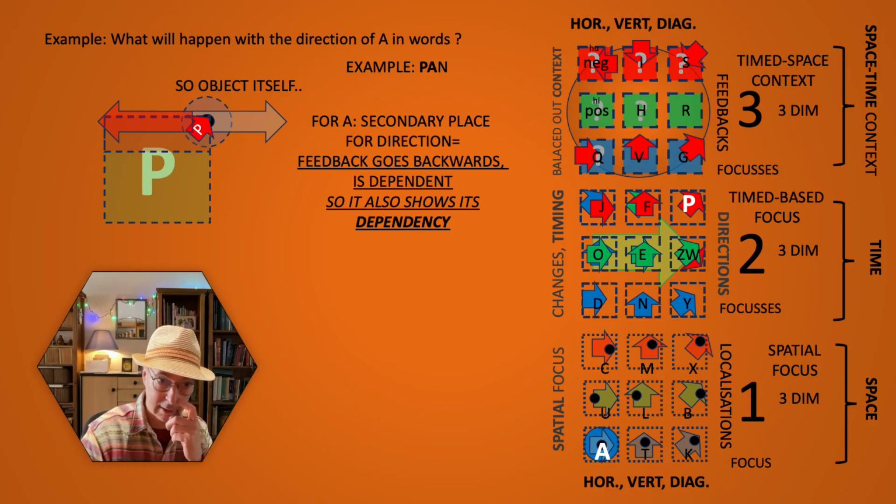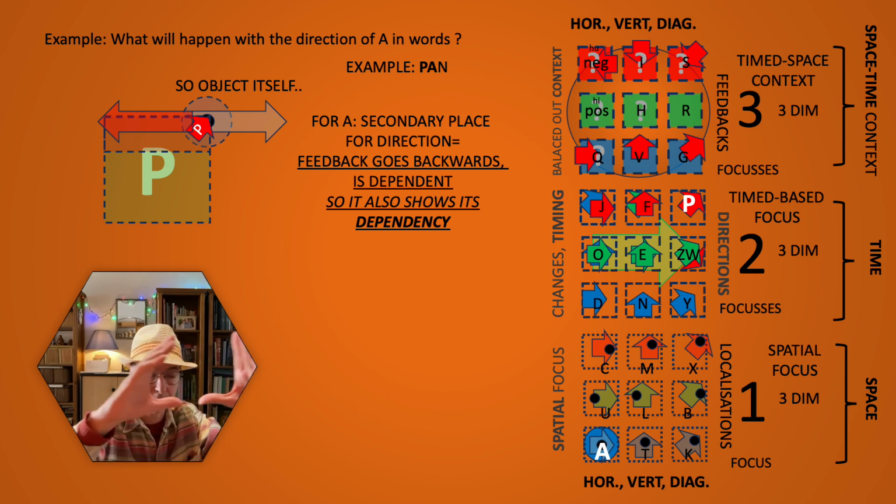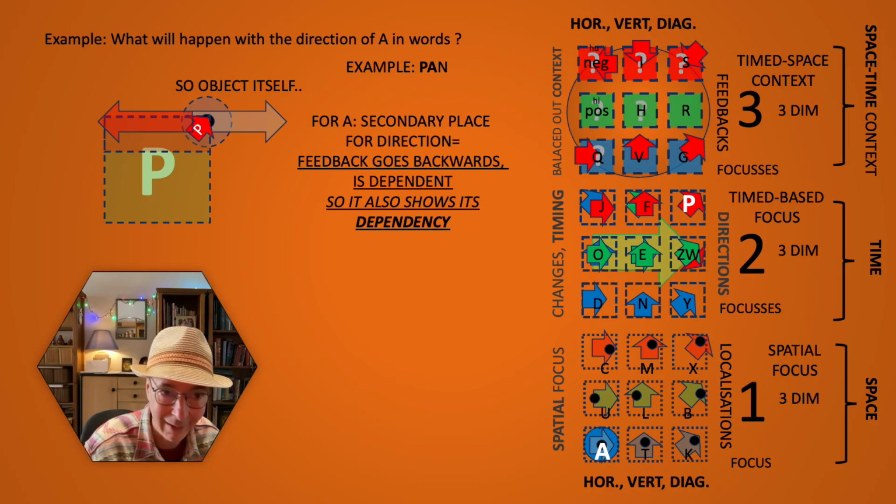So that is something that will show itself, that there is a tendency that you can have the A on its own, but the more important, and leading, will be the feedback process in the other way now, because it started from P, from the first letter P. The first letter P is the area in which the direction will lead.